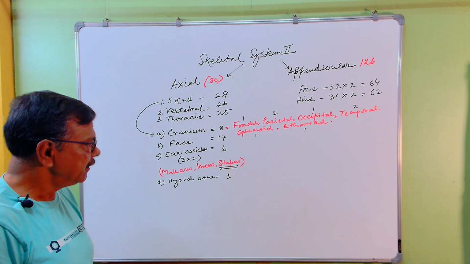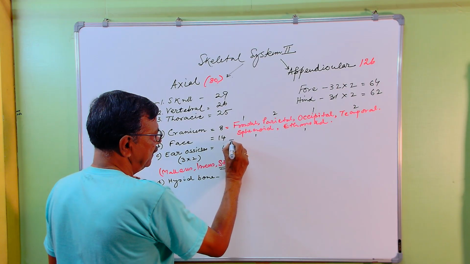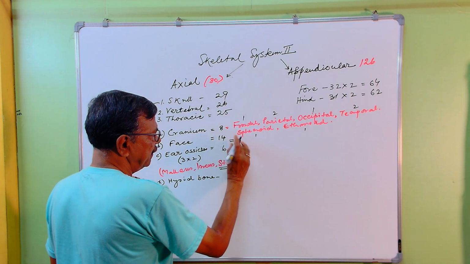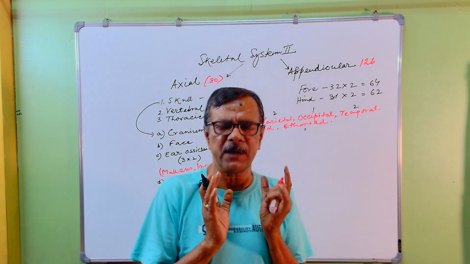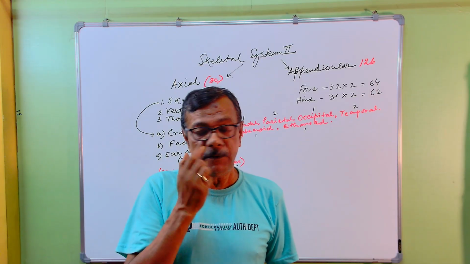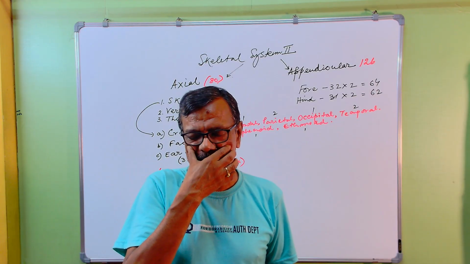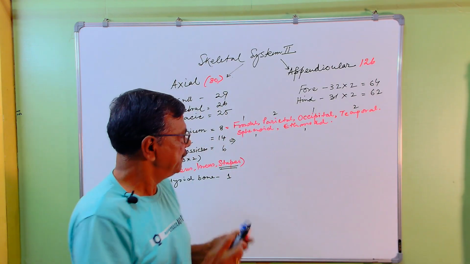Now, whenever you are going to talk about the bones of the face, first you say these two. These two are zygomatic bones, which form the cheek.